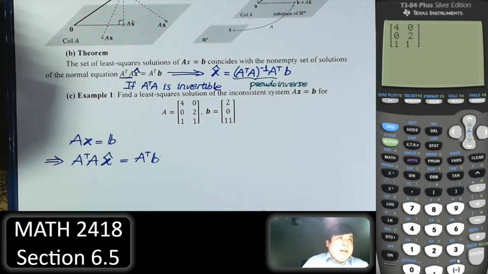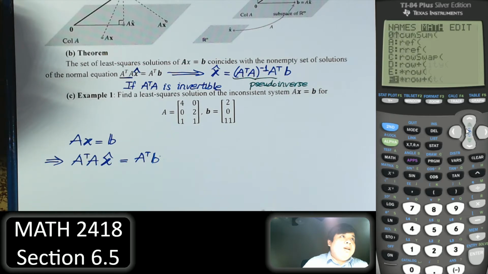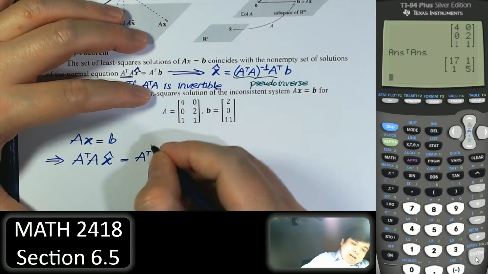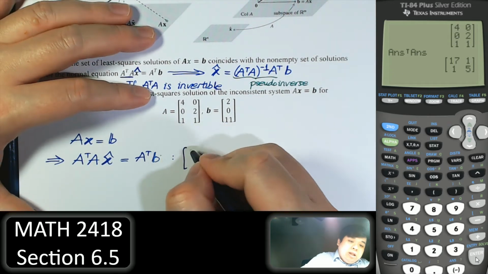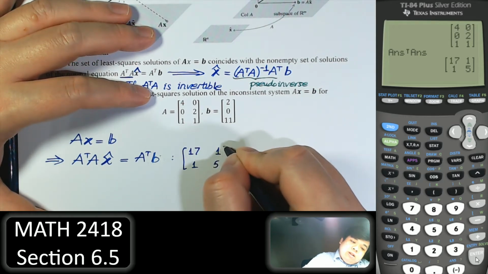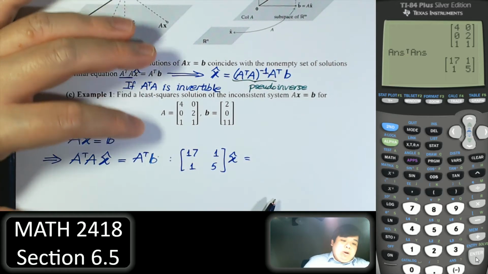I just want to write A transpose, so I enter the matrix first, hit enter, and then I say A transpose A. Sorry, transpose here, A transpose A. That is equivalent to 17, 1, 1 and 5 times x hat, and we have A transpose.